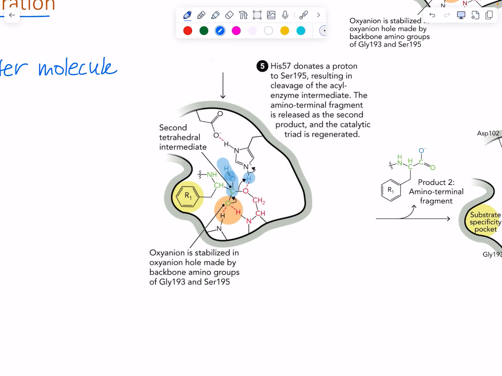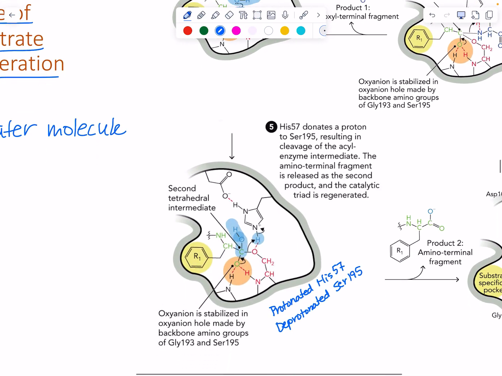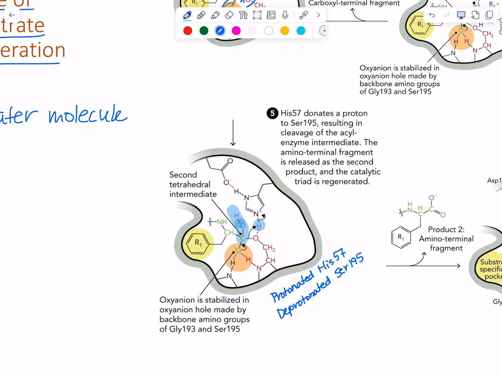So at this point, we've got a protonated His 57 and a deprotonated serine 195, which is exactly the opposite of what we want to have an active site that's ready for another round of catalysis, right? But that's what you have at the end of step 4 here. So step 4, this happens, we get this as a result, okay?